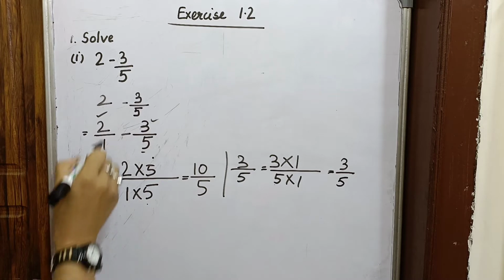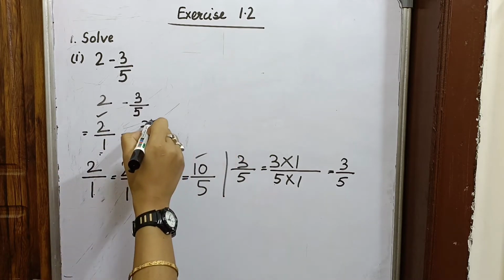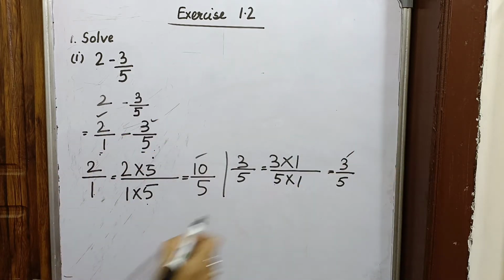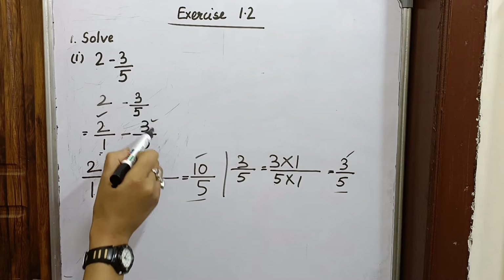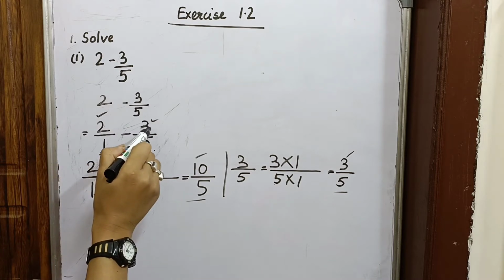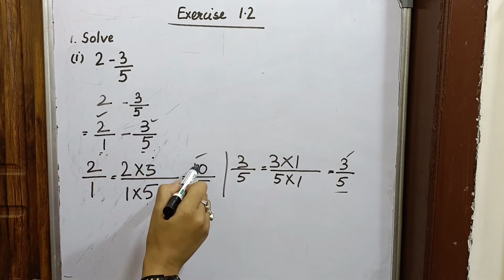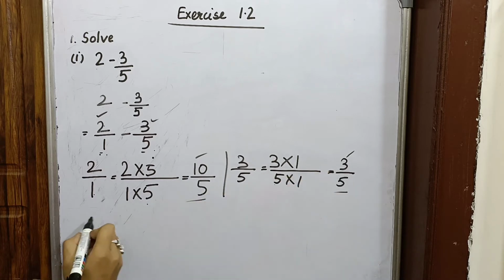See, for 2 by 1 you got 10 by 5, and for 3 by 5 you got 3 by 5. The denominator is the same here. Now we have to do 2 by 1 minus 3 by 5, which is 10 by 5 minus 3 by 5.